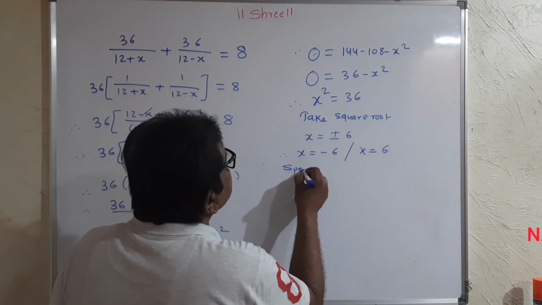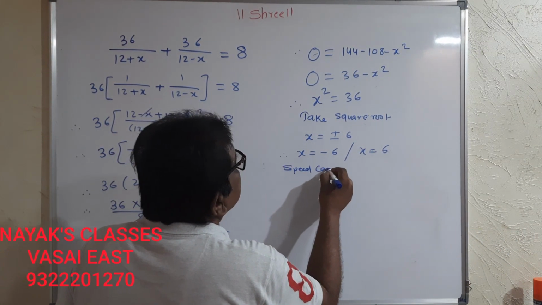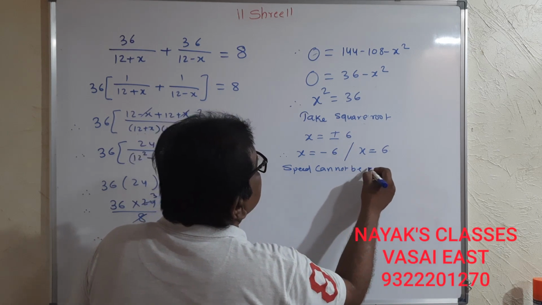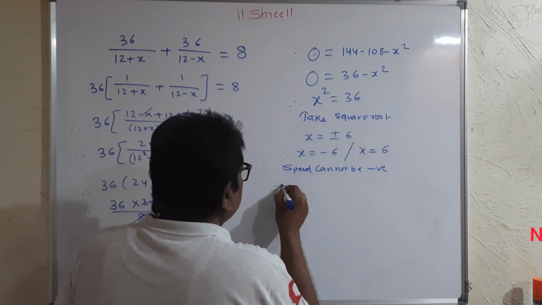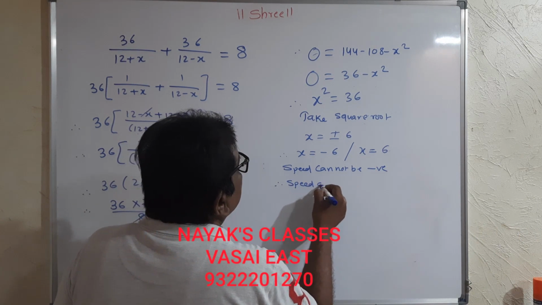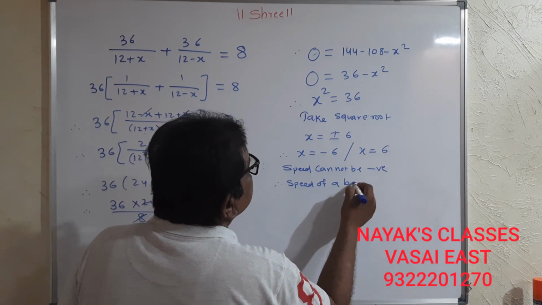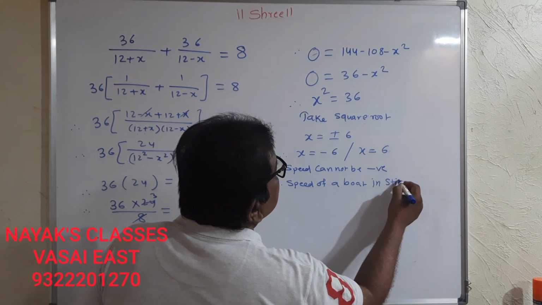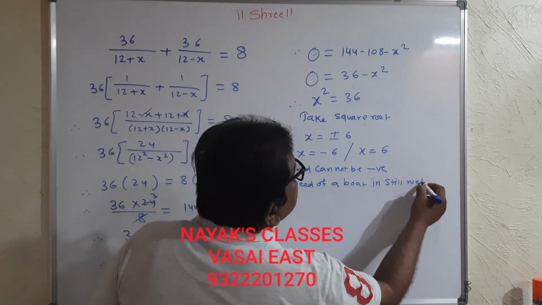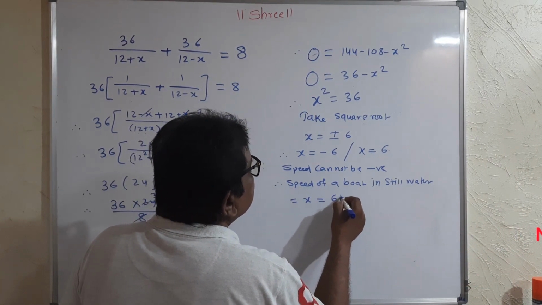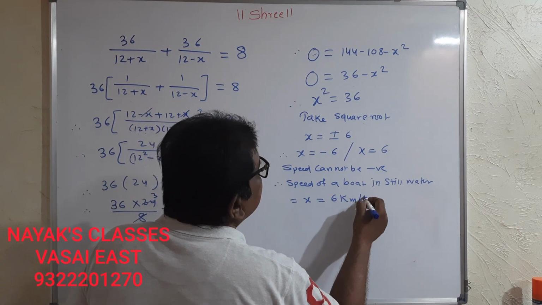Therefore, speed of a boat in still water is equal to x is equal to 6 kilometers per hour.